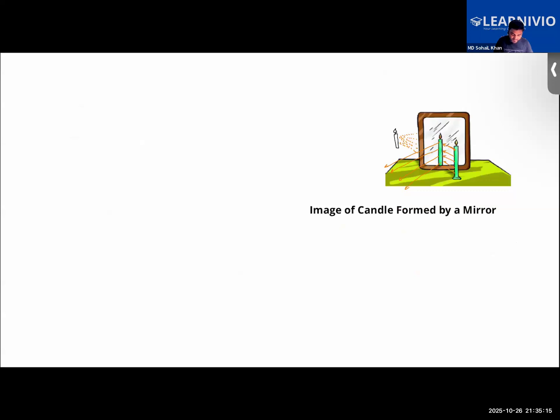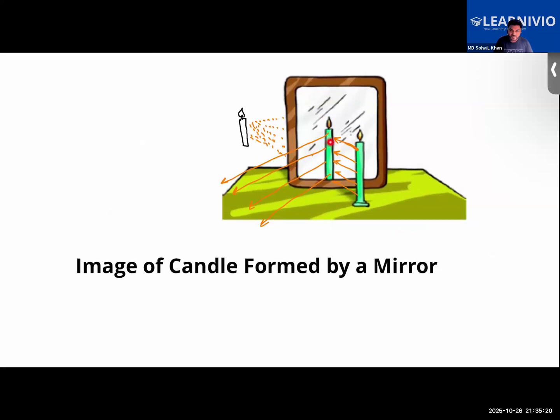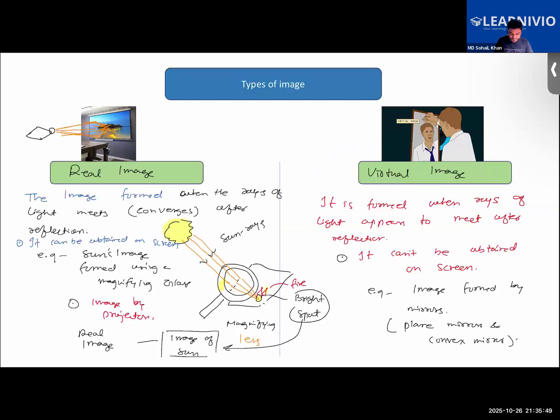Like for example here, the rays of light coming from this candle have got reflected from the plane mirror surface. But it appears as if the rays of light have met at a point. That is how the image is forming. But that is not what's happening here. They only appear to be meeting. So that kind of image, which you can't obtain on a screen but can be obtained on a plane mirror only, or on other mirrors like spherical mirrors, is called a virtual image.